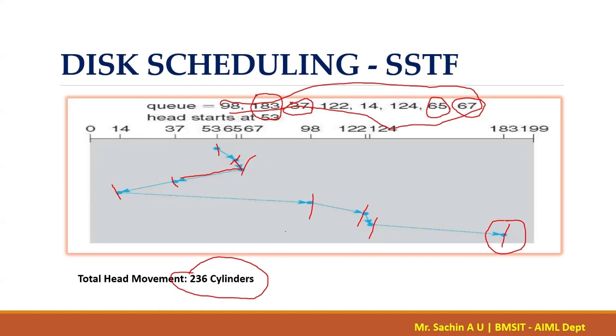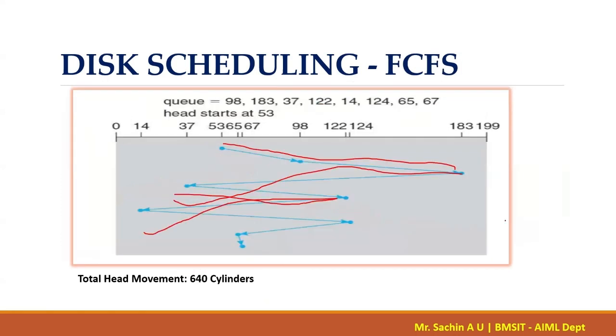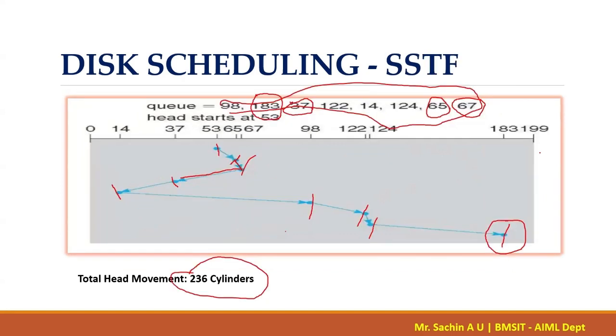That means 183 was already in the queue, but it faced a longer starvation. If you compare it with first come first serve, 183 at the second position was served at the second position itself. In first come first serve, starvation is not there, but in shortest seek time first, you have much more starvation.